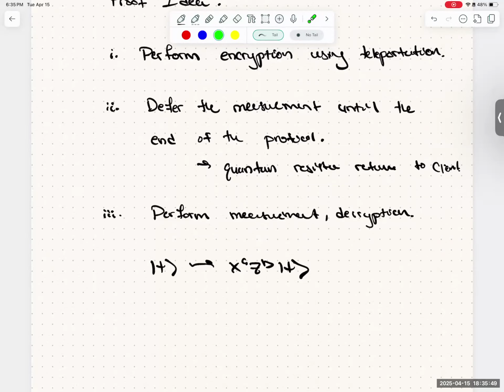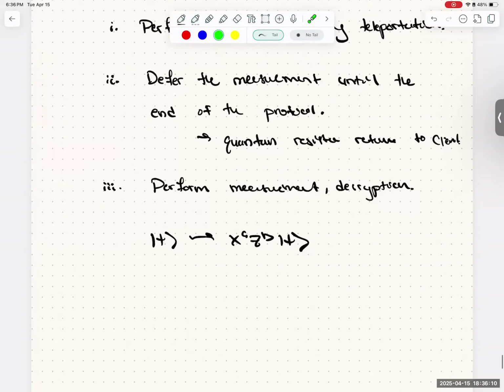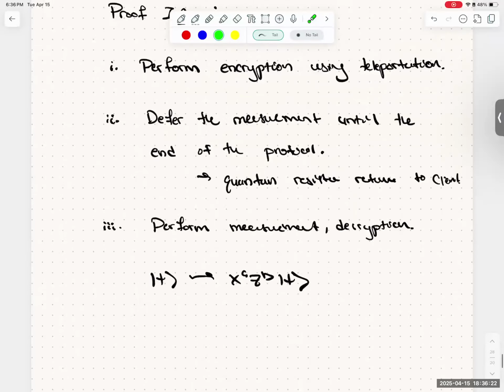Therefore, there will always exist a simulator who reproduces what the server sees, which is to say they will not be able to get any information from this because it hasn't happened yet. And then at the end, the client performs these measurements and can do the decryption. I think that's not well said on my part, and I didn't really understand this part too well, if truth be told. So maybe in a follow-up, we can discuss this more.